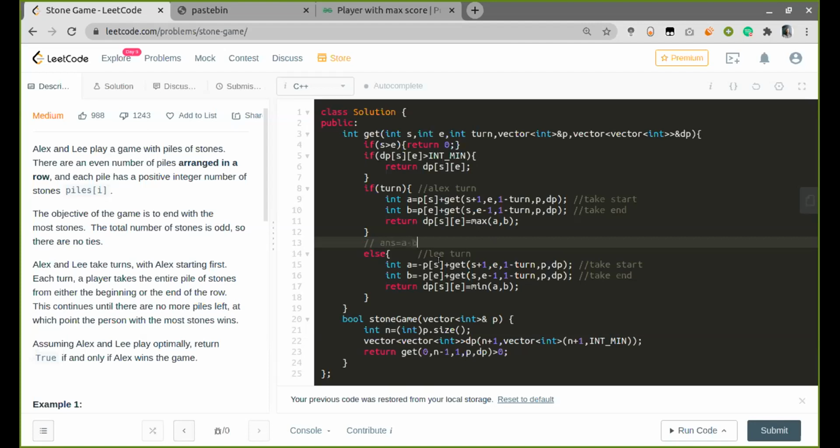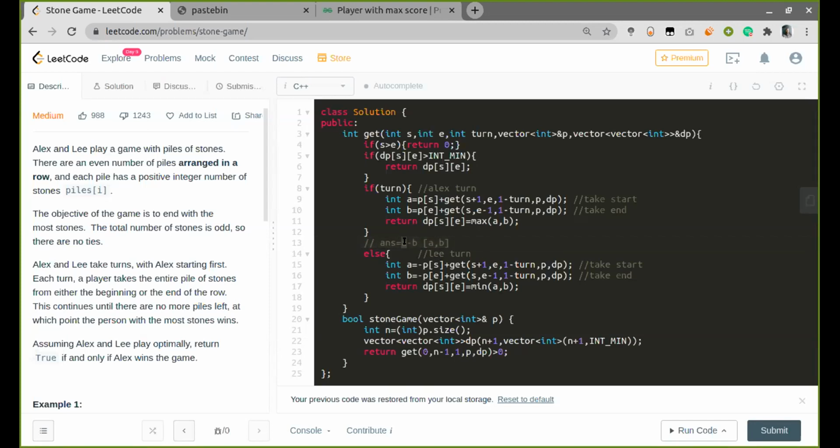Because if the array contains only two elements, a comma b, the final answer will be the difference a minus b. So I am trying to take the optimal value of the difference of the sum of the points of both players.